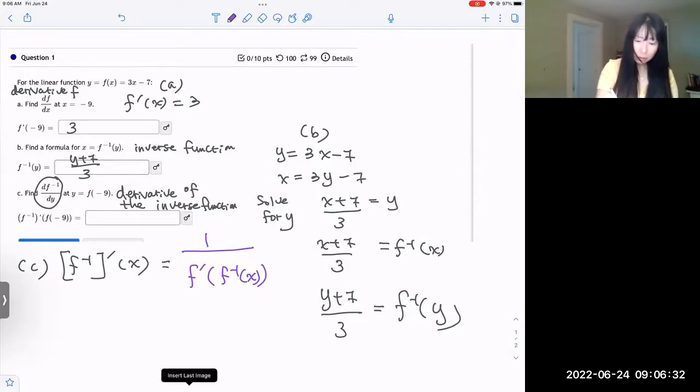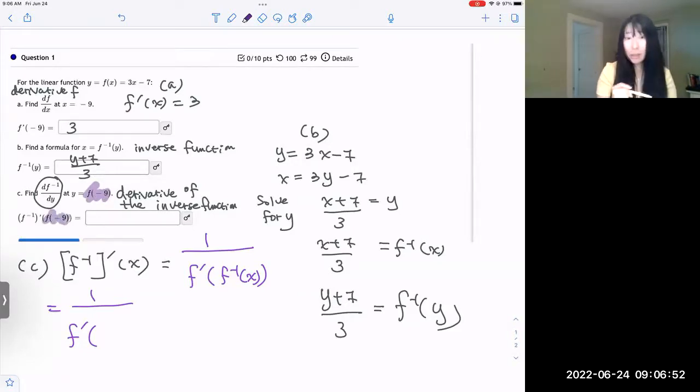Let us write down: this will be 1 over f prime of f inverse of x. They said we want to find it here, when f equals -9, and they give us the question. Can you see that they have the inverse and the prime of that? Then x acts here, f of -9.